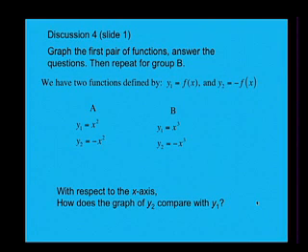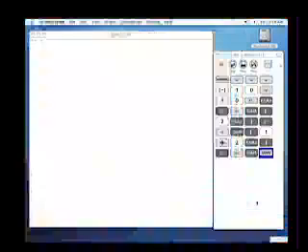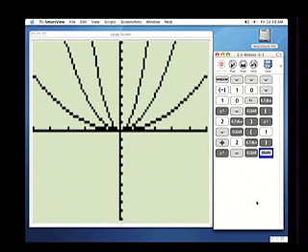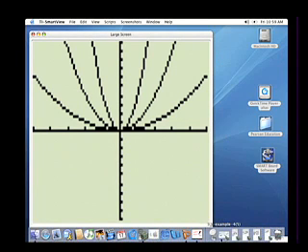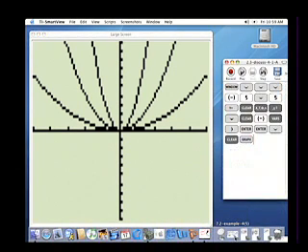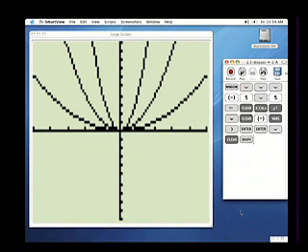So in the first set A, we have y sub 1 equals x squared and y sub 2 equals negative x squared. So once again, we'll switch over to our graphing calculator, and we will bring up the keystrokes for y equals x squared and y equals negative x squared.